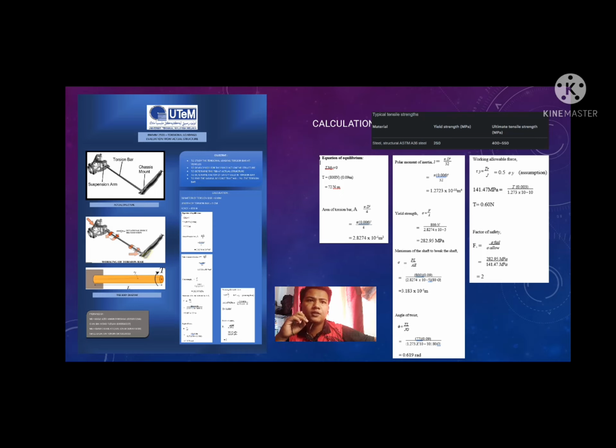From the previous calculation, we can assume the working allowable force on the shaft by using tau over y equal to torque times radius divided by torsional constant, and we get 0.0 Newton for the torque. Last but not least, the safety factor is by dividing the yielding force with the allowable force, and we get 2 for the factor of safety.